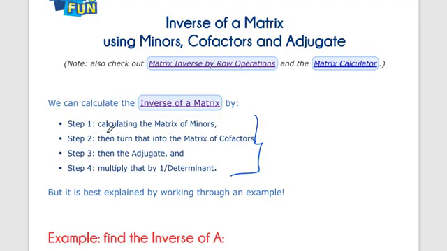First, calculating the matrix of minors. We will see what a minor is, then turn them into the matrix of cofactors, and then the adjoint, or you can say adjugate. Then multiply that by 1 by the determinant.